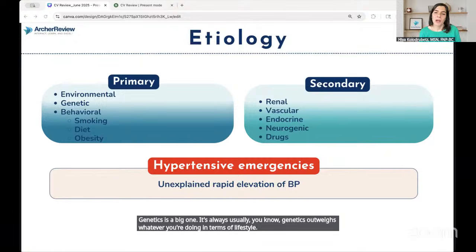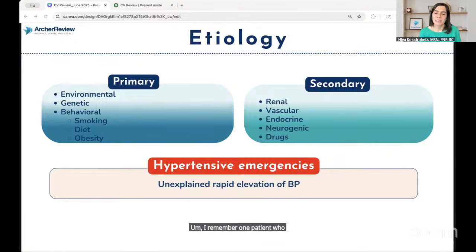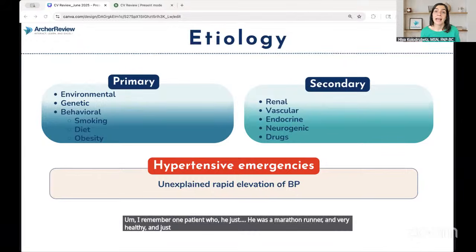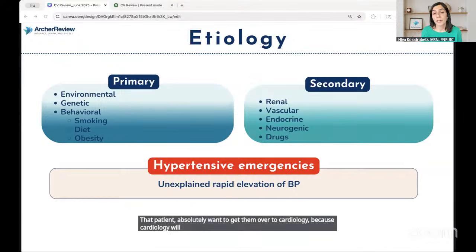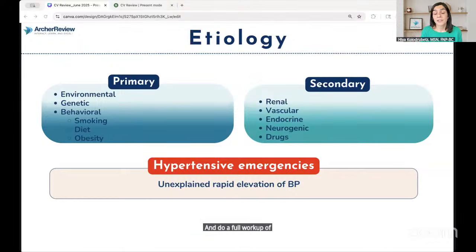I remember one patient who was a marathon runner and very healthy and just had really high hypertension, genetics, big factor. That patient, absolutely want to get them over to cardiology, because cardiology will do a full workup of their genetic background and do a full workup of their cardiovascular risk. And then you can co-manage that patient with cardiology.